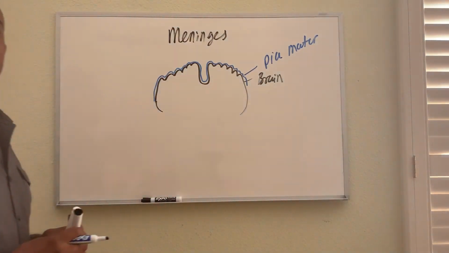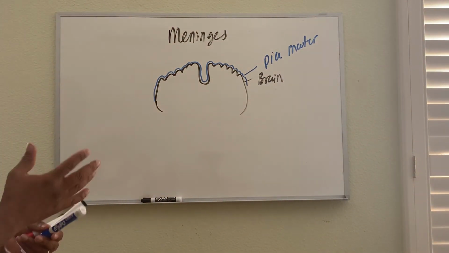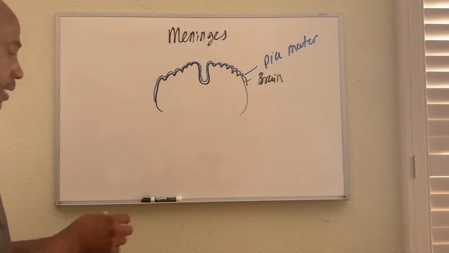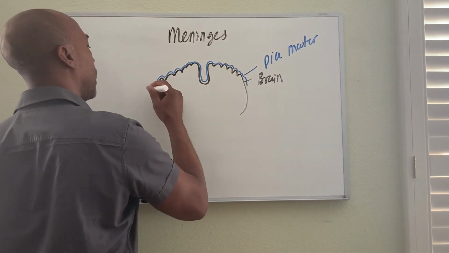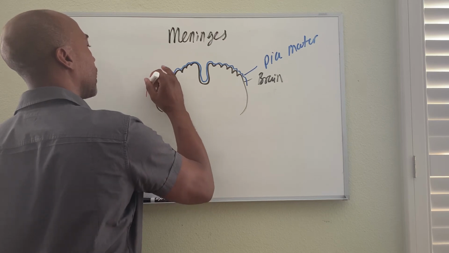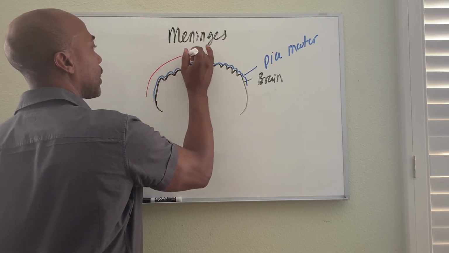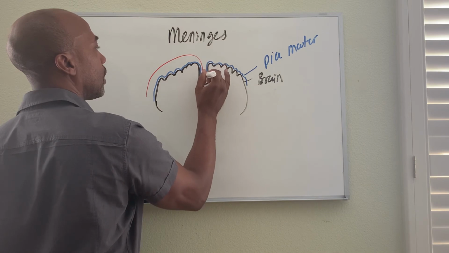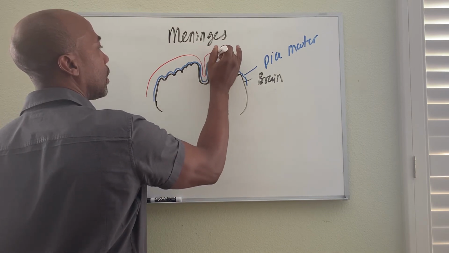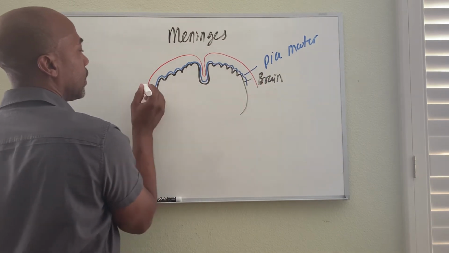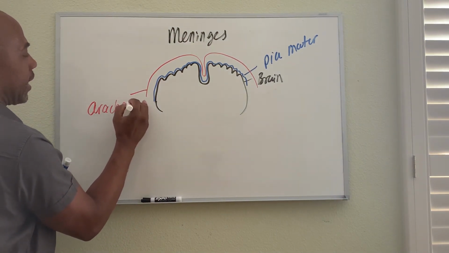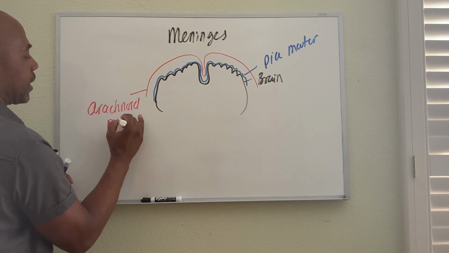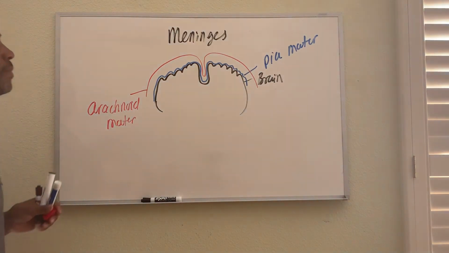Pia means soft mother. Above the pia mater is next what we call your arachnoid mater. There's a gap between the pia and arachnoid mater, like so. This is now your arachnoid mater. That's the next layer there.